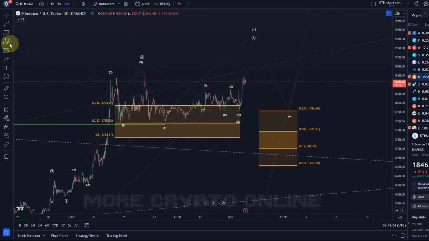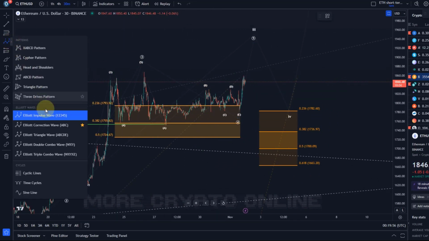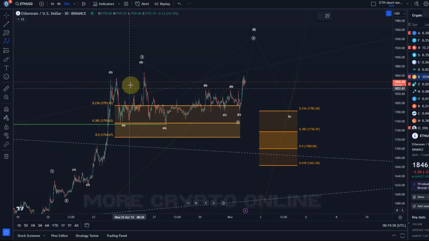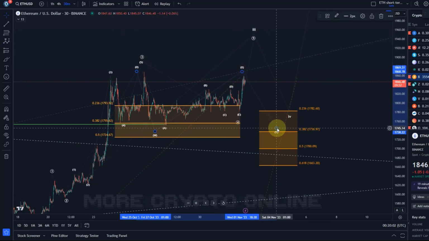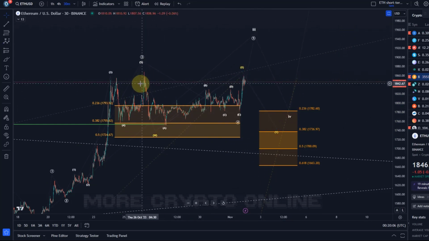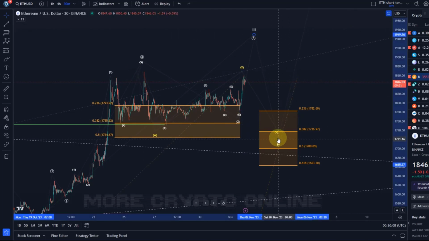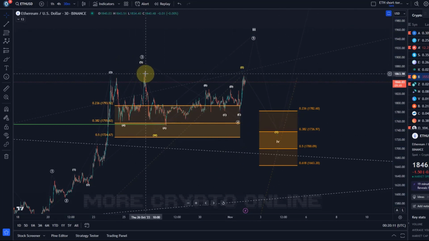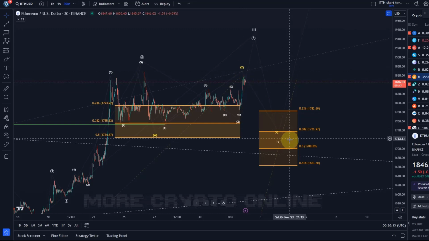Surely there is still a bearish scenario possible, and it would likely be a WXY. I mean, not talking about bearish, talking about just a deeper pullback. Because it could be, as I explained in previous videos, that we are already in this larger degree fourth wave, and then the correction would play out as a W, X, Y structure.